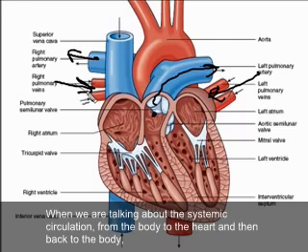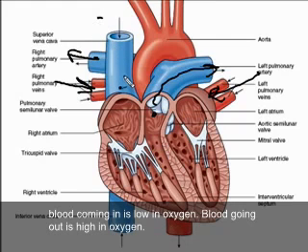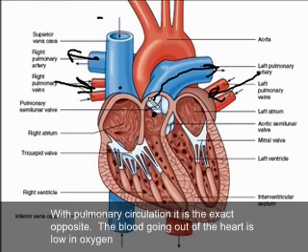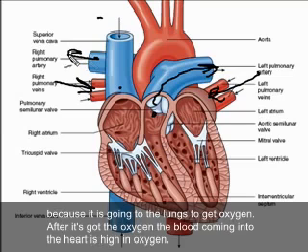When we're talking about the systemic circulation from the body to the heart and then back to the body, blood coming in is low in oxygen, blood going out is high in oxygen. With pulmonary circulation, it's the exact opposite. The blood going out of the heart is low in oxygen because it's going to the lungs to get oxygen. After it's got the oxygen, the blood coming into the heart is high in oxygen.